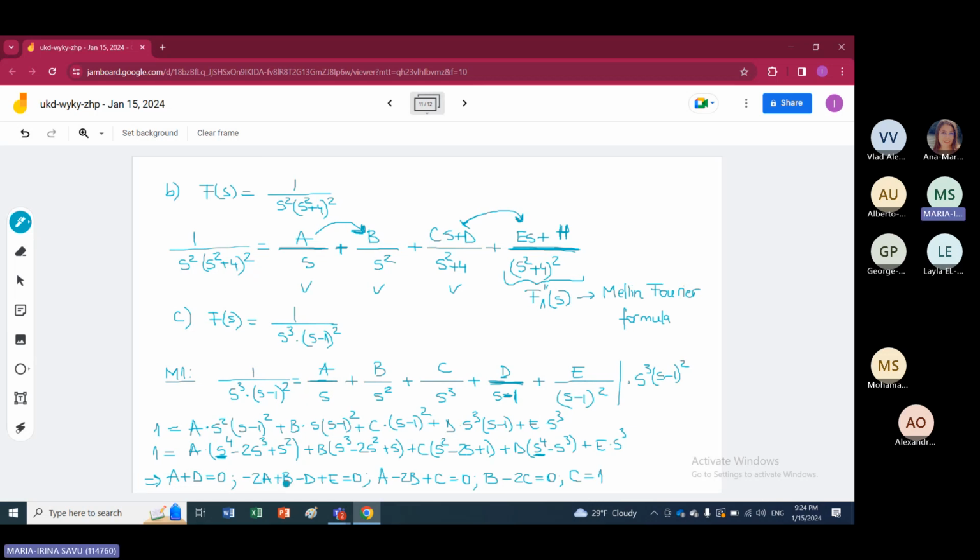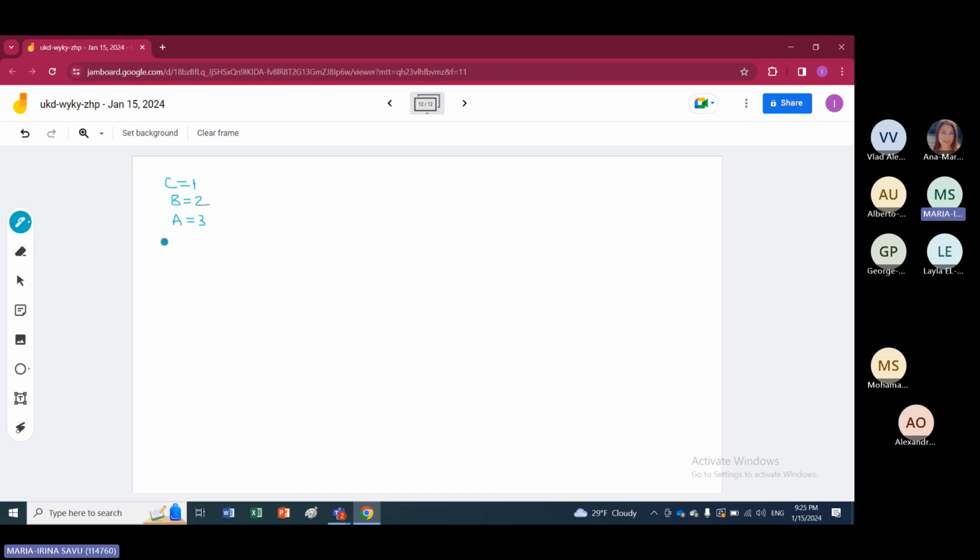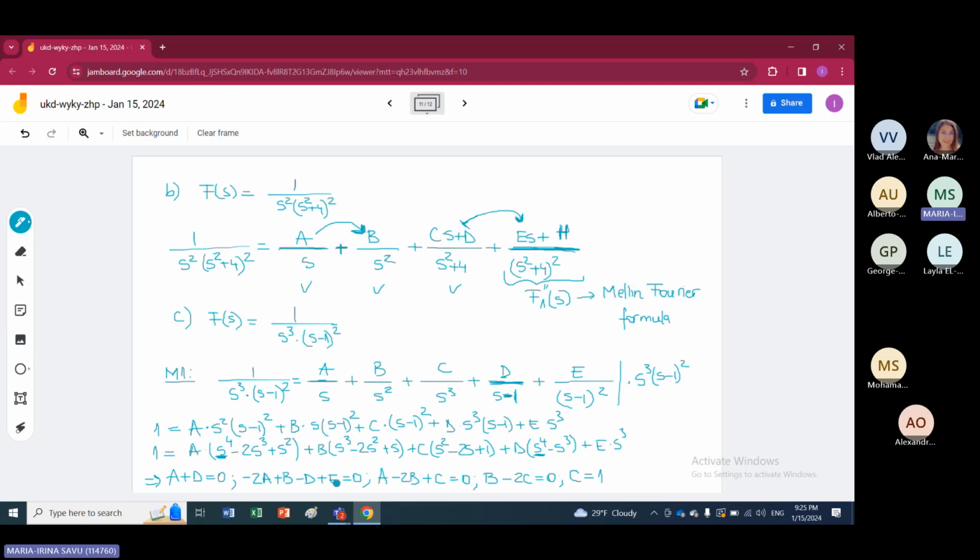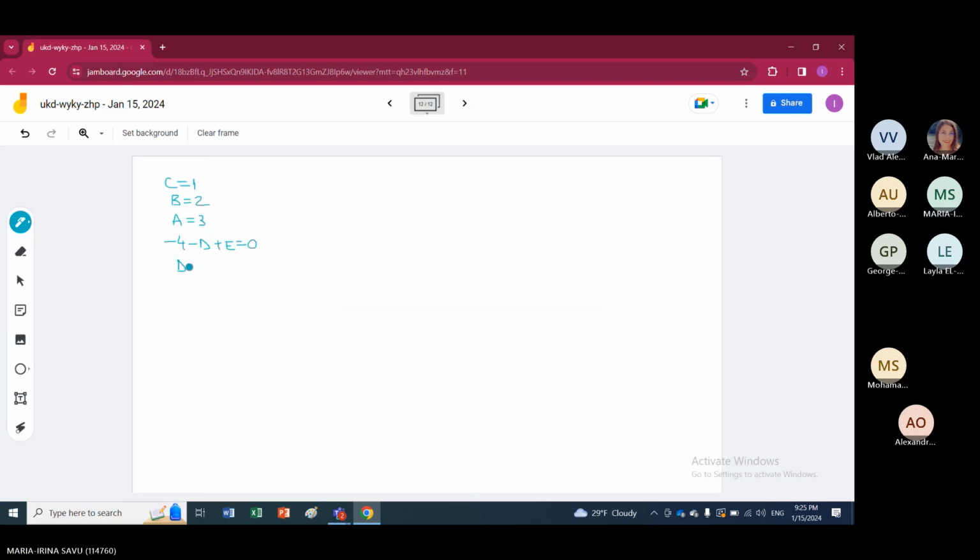B is 2 plus 2, so it's minus 4. So I have that minus 4 minus d plus e is 0 from here. And I have that d is minus 3. So using this, I get that minus 4 plus 3, so minus 1 plus e is 0, so e is 1.